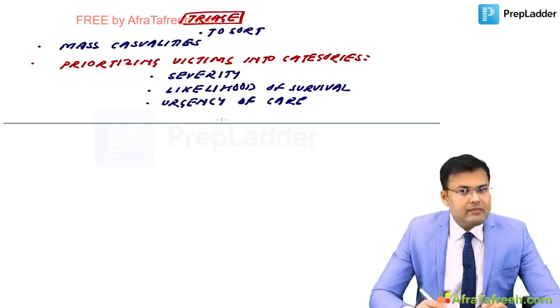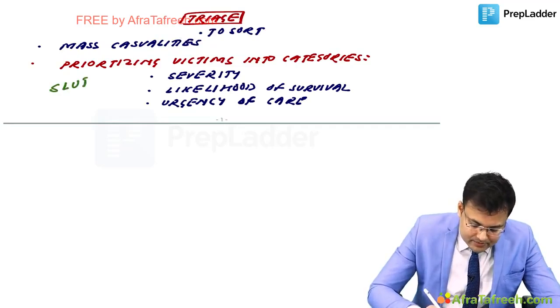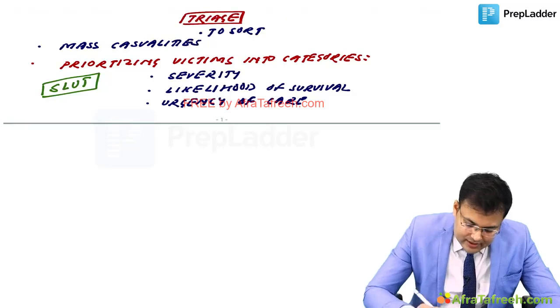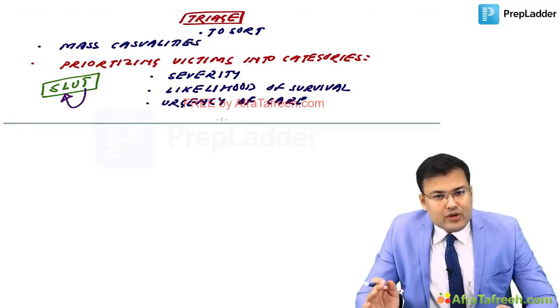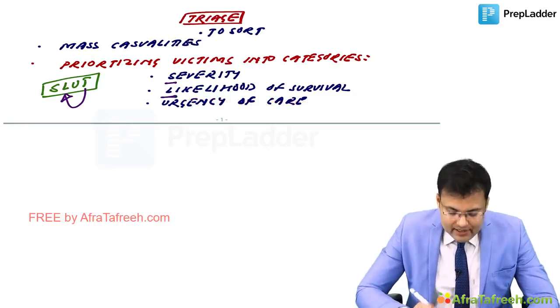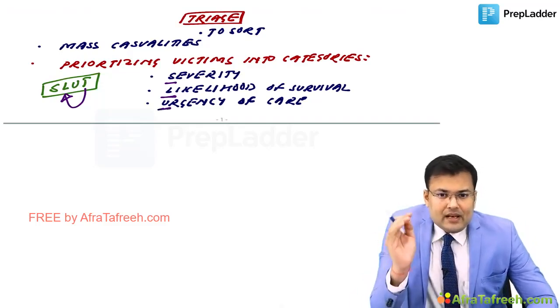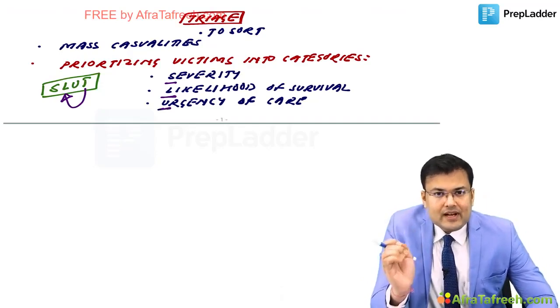Clear? So how to remember? It's very easy to remember. The mnemonic is SLUT. So in triage, the victims are prioritized into categories based on severity of injury, likelihood of survival, urgency of care.